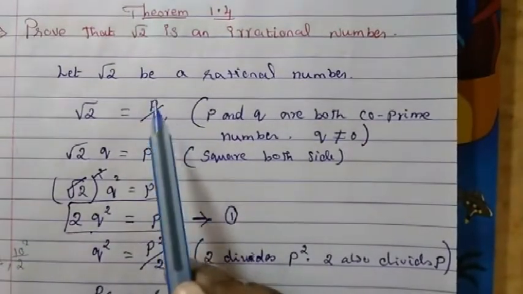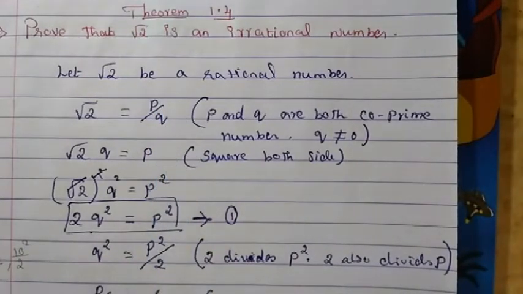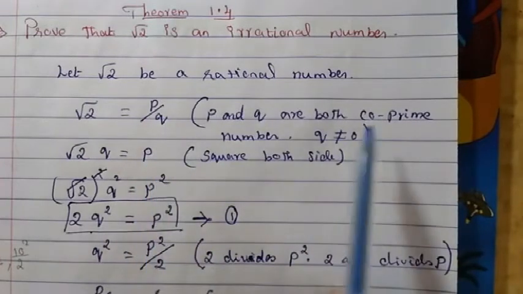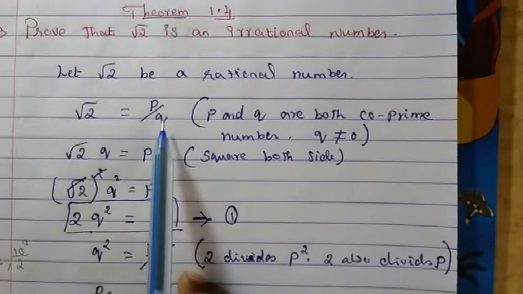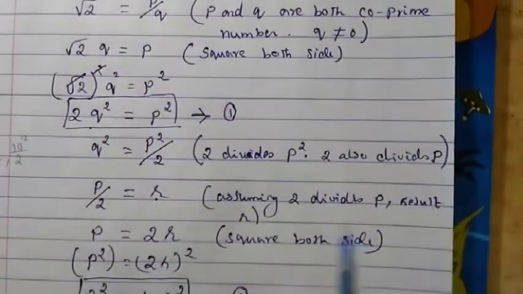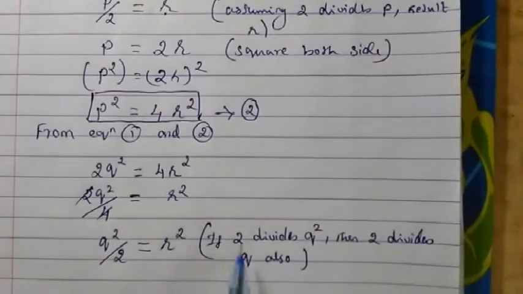P is divisible by 2, and Q is also divisible by 2. But we have said P upon Q are co-prime numbers. If P and Q are co-prime numbers, they should not have any common factor. But here it says that 2 divides P and 2 divides Q also. That means what we have assumed is wrong.